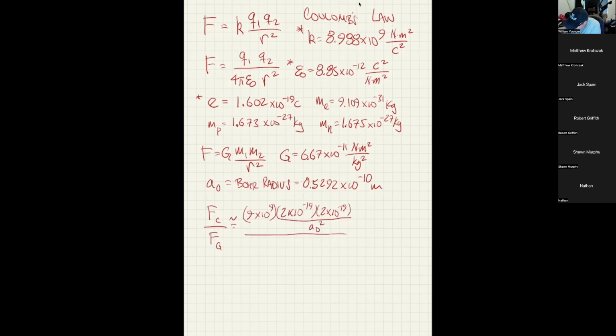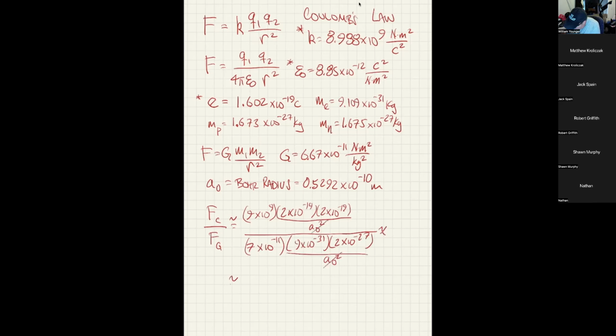And then this one is about 7 times 10 to the negative 11 times the mass of the electron, which is about 9 times 10 to the negative 31. And the mass of the proton is about 2 times 10 to the negative 27. And then, of course, that's over A0 squared as well. So those A0 squared are going to cancel out.